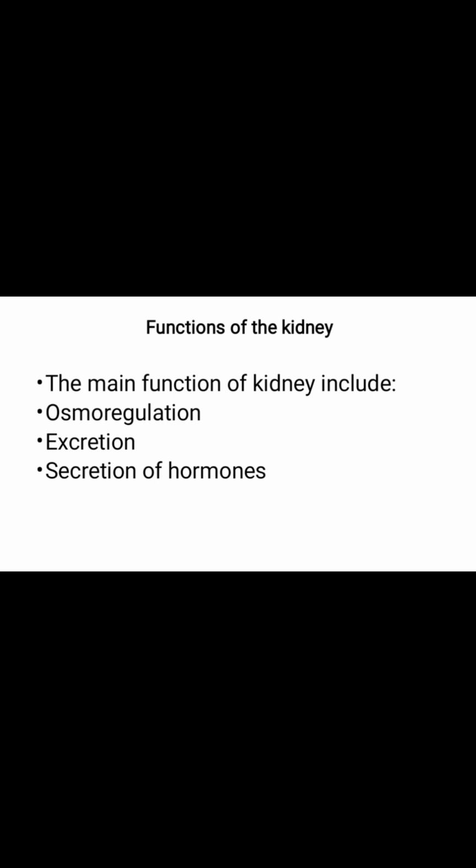On the other hand, if the osmotic pressure of the blood begins to fall, less water will be reabsorbed and more urine is produced and passed to the urinary bladder. And that is how the kidney helps to regulate the amount of water in the body.